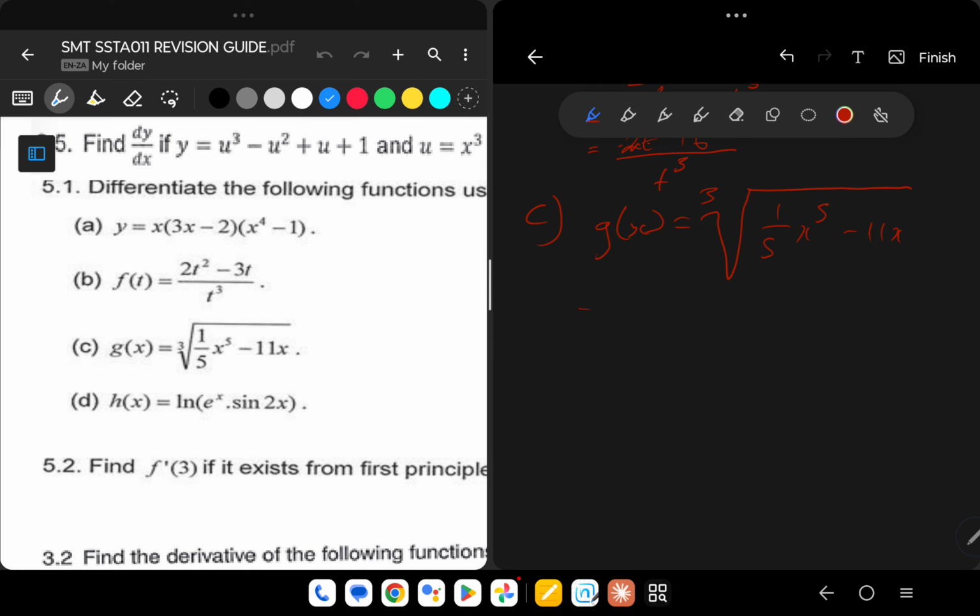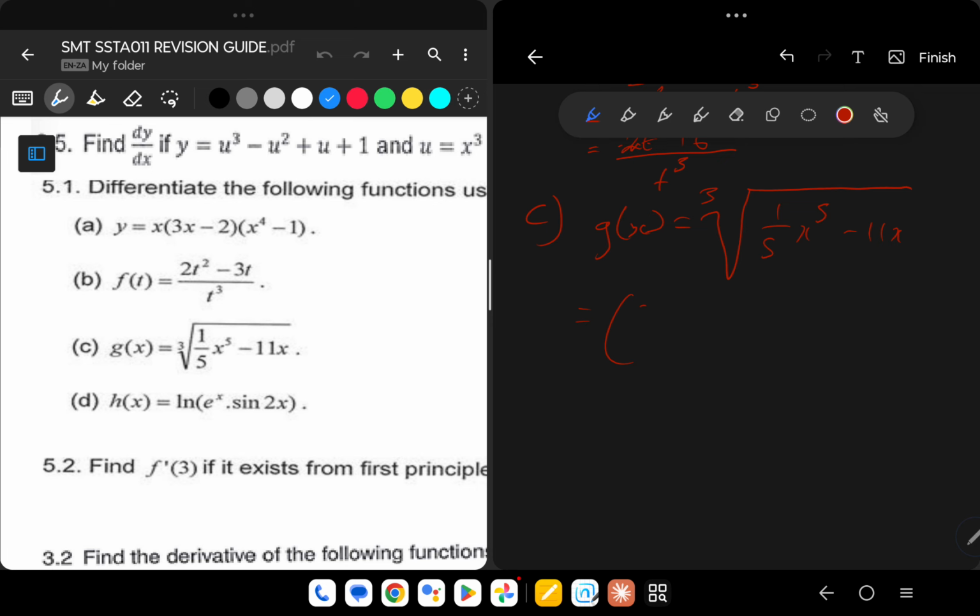So let's rewrite it in a proper manner. You can just write x to the 5 over 5 minus 11x all to the power of 1 over 3. So that is what we can have there, which is going to help us to work easily on it.